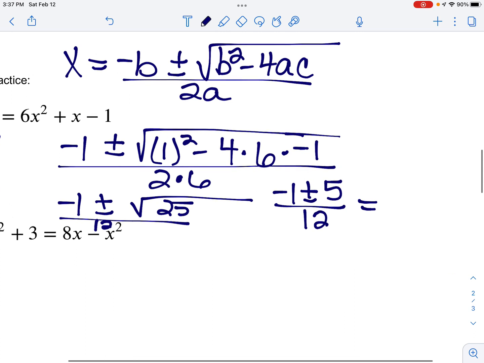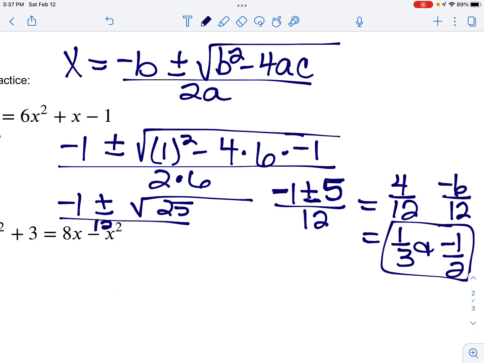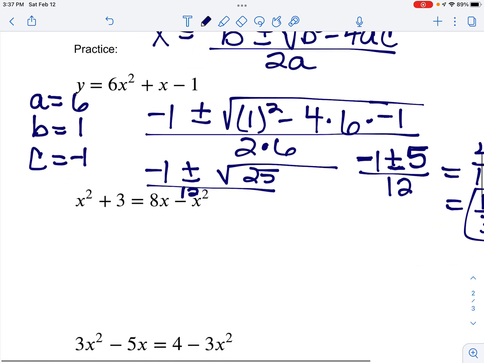So negative 1 plus 5 is 4, divided by 12 would equal 1/3. And then the other solution would be negative 1 minus 5, which would be negative 6, divided by 12, which simplifies to negative 1/2. So those are my two real solutions.